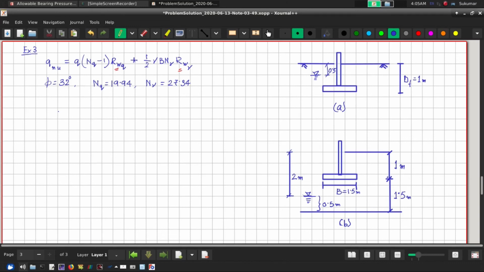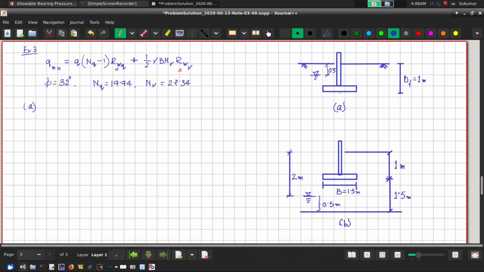Now we need to find out the water reduction factors. So for case A, I have my water table at this value, between ground level and the foundation level.